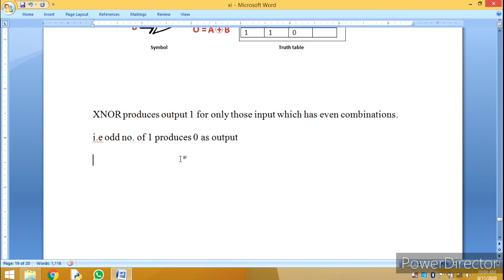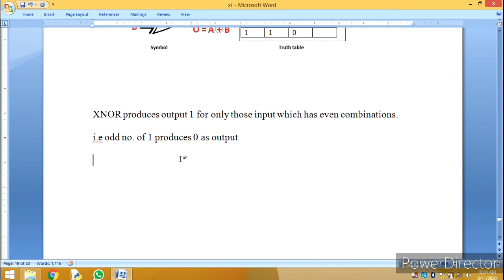For XNOR we see that it produces output 1 only for those inputs which have even combinations. That means the even combinations can be 1 1 and 0 0 also. So for an odd number of 1s, it will produce 0 as output.